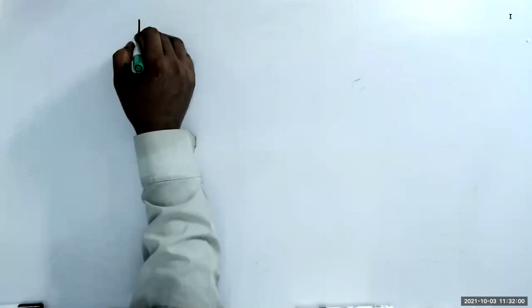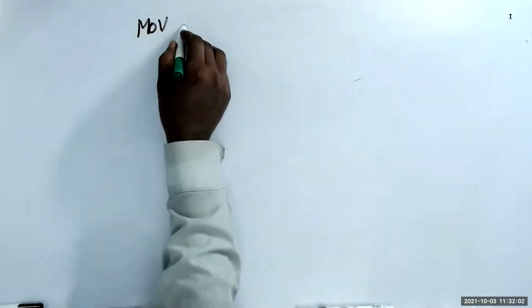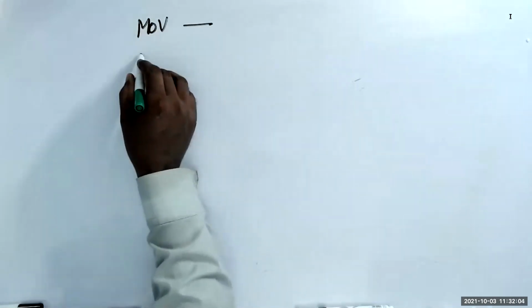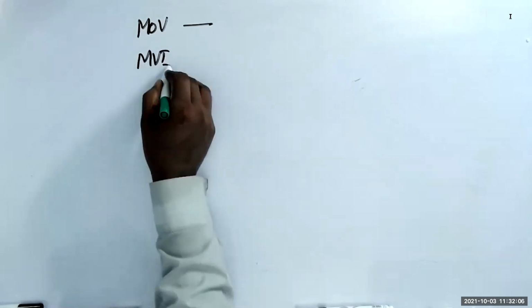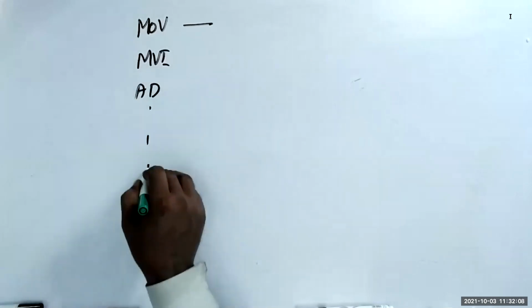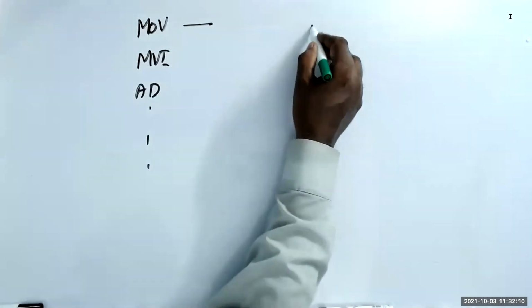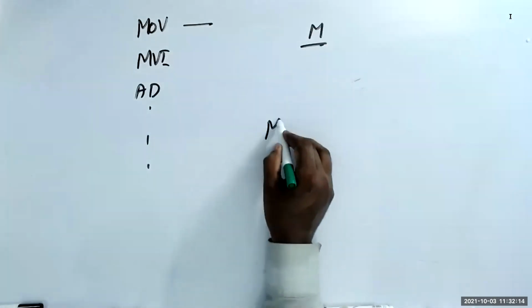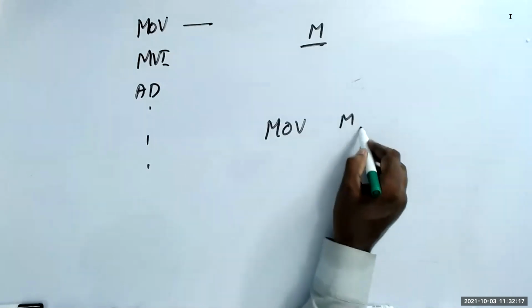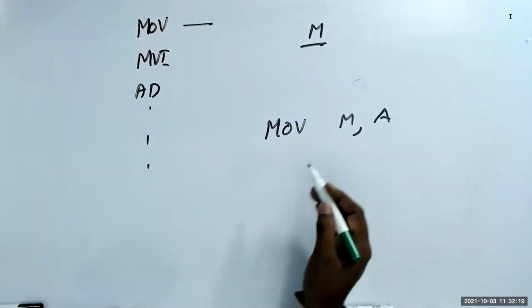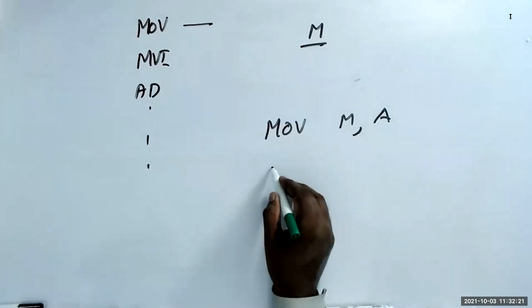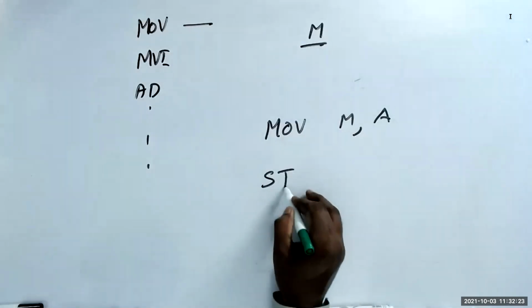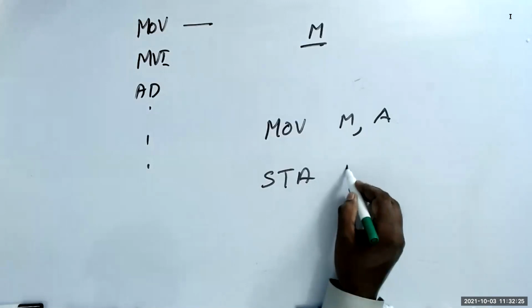Like that, we have the move instruction, the move immediate instruction and the add instruction. We also have a register called M always. If I say MOV M comma A, that is equivalent to store accumulator 2000.